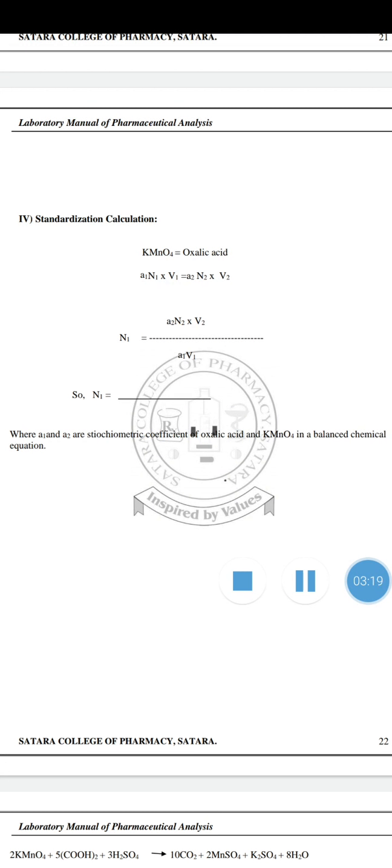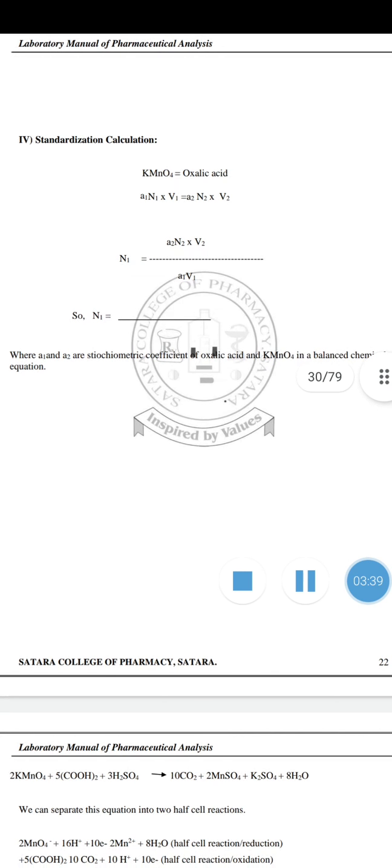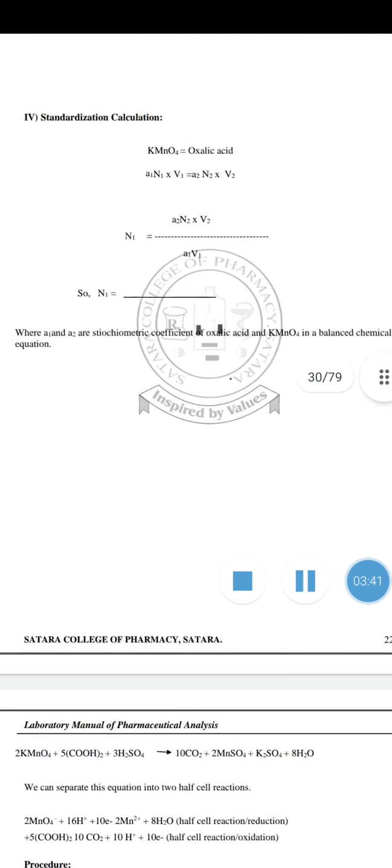Next is the calculation of the standardization. In this calculation, the formula is: potassium permanganate is equivalent to oxalic acid, then A1 into N1 into V1 is equal to A2 into N2 into V2. N1 means normality and V1 means volume. Then N1 is equal to A2 into N2 into V2 divided by A1 into V1.